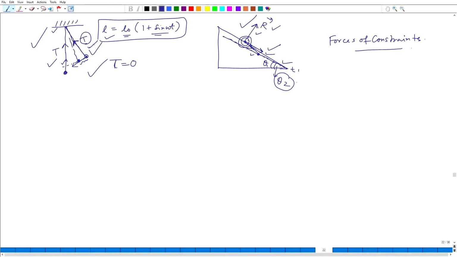Now, for the virtual displacement concept, we always use the concept of infinitesimal displacement. Otherwise, there are some other problems. So, for this course, it is very important to understand that virtual displacements are useful in the infinitesimal sense.